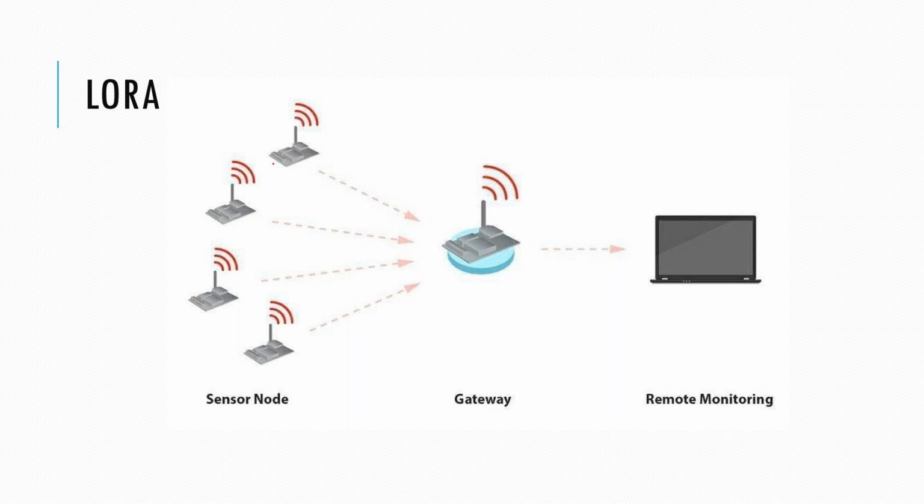We can't connect the node directly to the monitor. No, we cannot connect it. There's just a gateway, and through the gateway we can connect to the monitor. Like obviously your mobile won't be able to directly connect to your Wi-Fi router. In your mobile there's a Wi-Fi module, and using that we generally connect to the Wi-Fi router. If you just have a mobile phone without a Wi-Fi module, you won't be able to connect to the router, right?